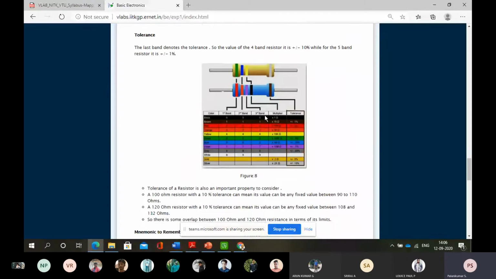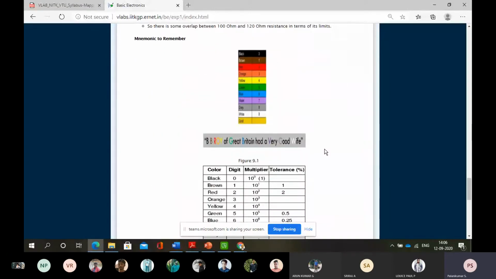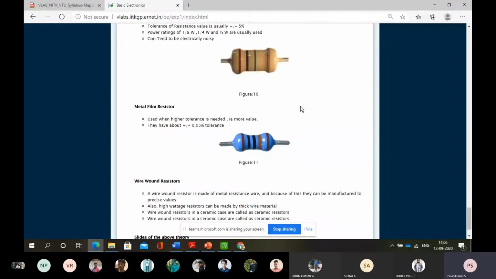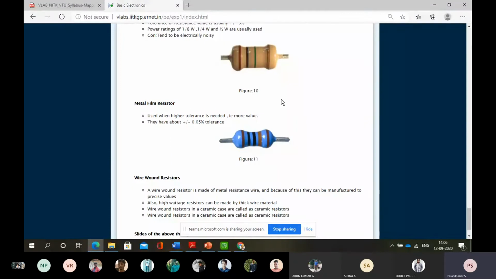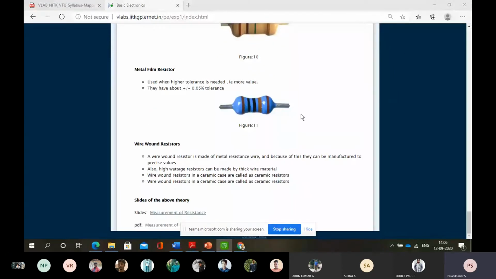After completely knowing that, the only thing is you should remember this mnemonic, from B to gold, or B to W, especially the digits assigned to each color. Then, whatever value is given, whether it's a 4 band, 5 band, or 6 band resistor with the TCR, temperature coefficient of resistance, you should be able to identify it.